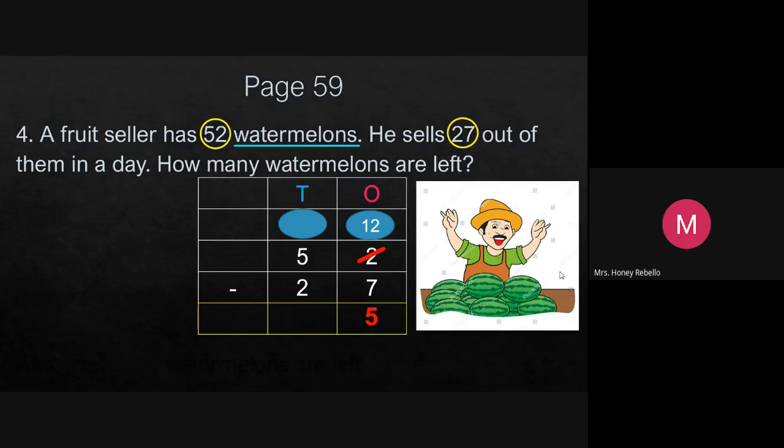Now, what should I do with 5 there? Should I cut 5 and write which number on top? 4. Good. Children, if somebody helps you, it will never work out. You have to listen to me. Now, 4 minus 2.